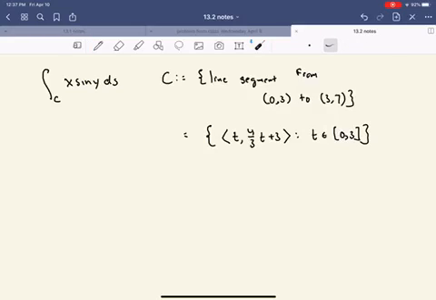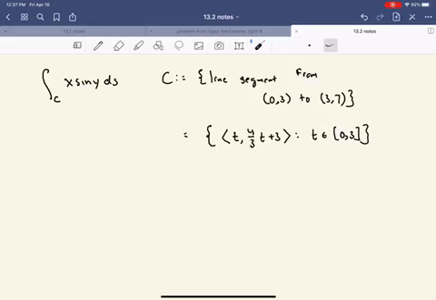Let's just double check that. When t equals 0, I have 0 here, 3 here, just like what I needed. When t equals 3, I have 3 here, and then the 3 would cancel, and so I get 7. Okay, so this is correct. It's sometimes nice just to double check things.